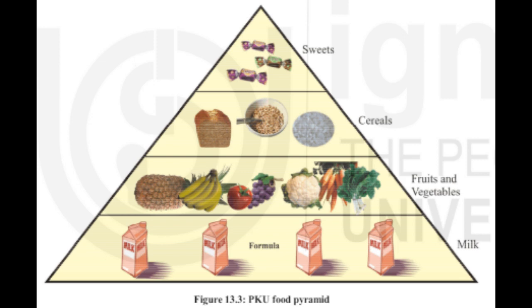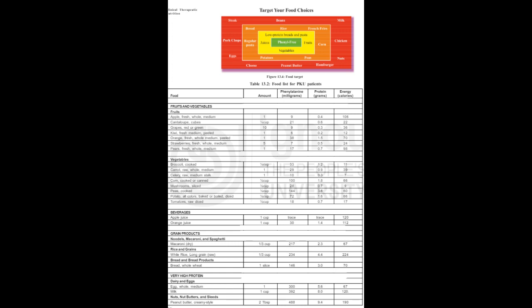The top of the pyramid is built of candies and treats. These foods should be eaten just on special days. The foods outside the target as illustrated in Figure 13.4, in color red, are not included in the low phenylalanine meal plan. These are high-protein foods, such as milk, dairy products, meat, fish, chicken, eggs, beans, and nuts.